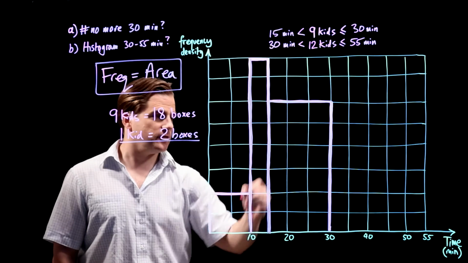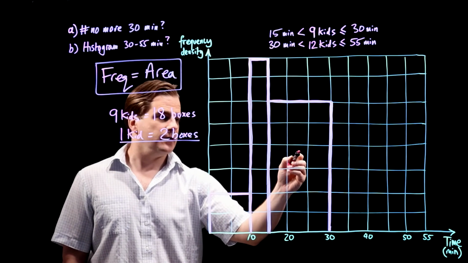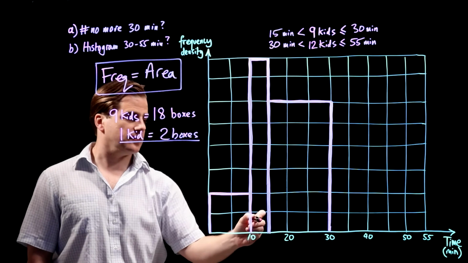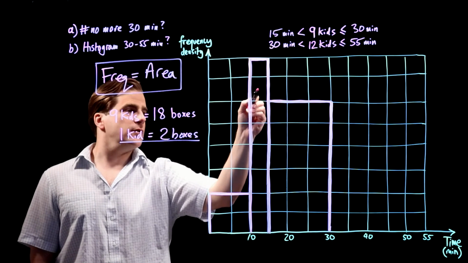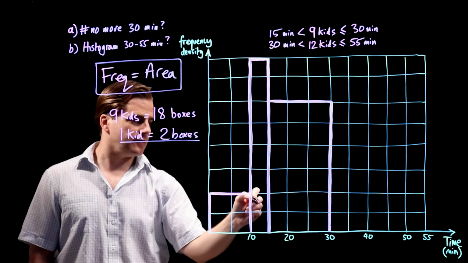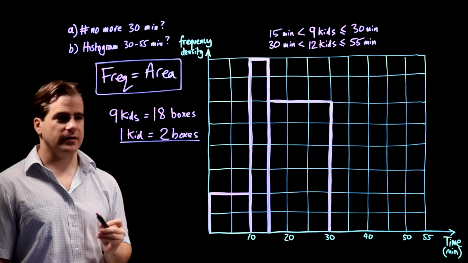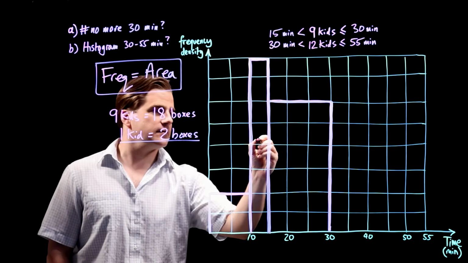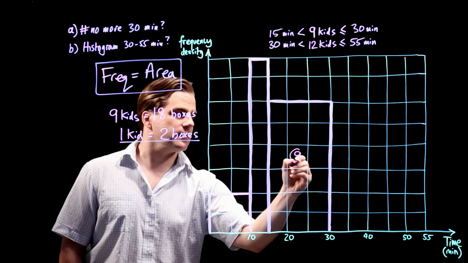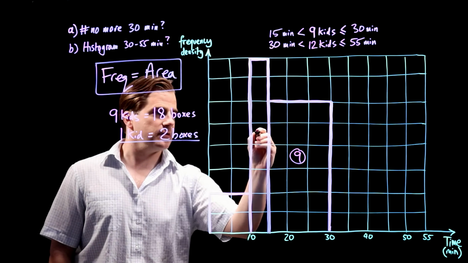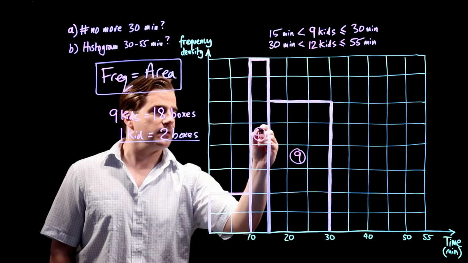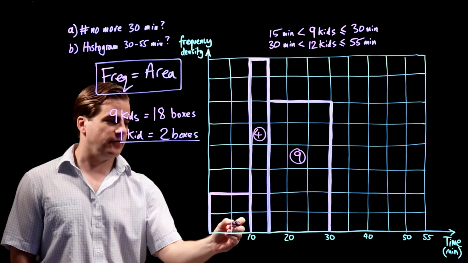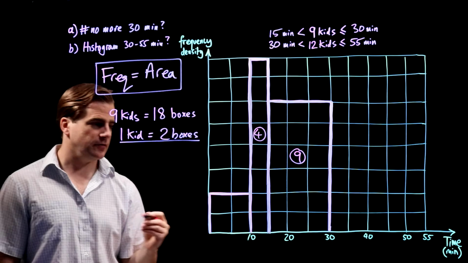We know that this box here is 9 kids. So what about this box? 8 boxes, so therefore it must be 4 kids. So this one is 9 kids, this one is 4 kids, and this one, 4 boxes, so it must be 2 kids.